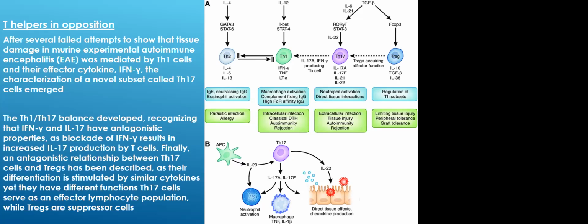They found out that interferon gamma is very important, because it blocks Th17. And we found out that MS and this experimental autoimmune encephalitis is not just Th1 being active, but also Th17.